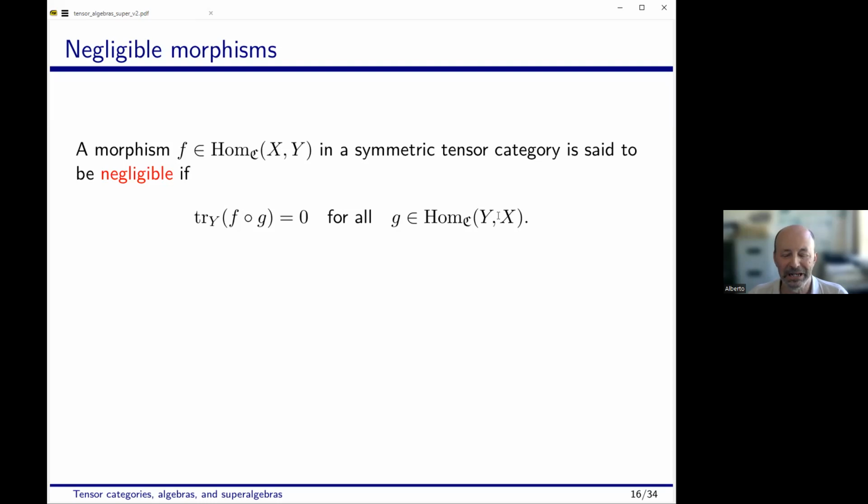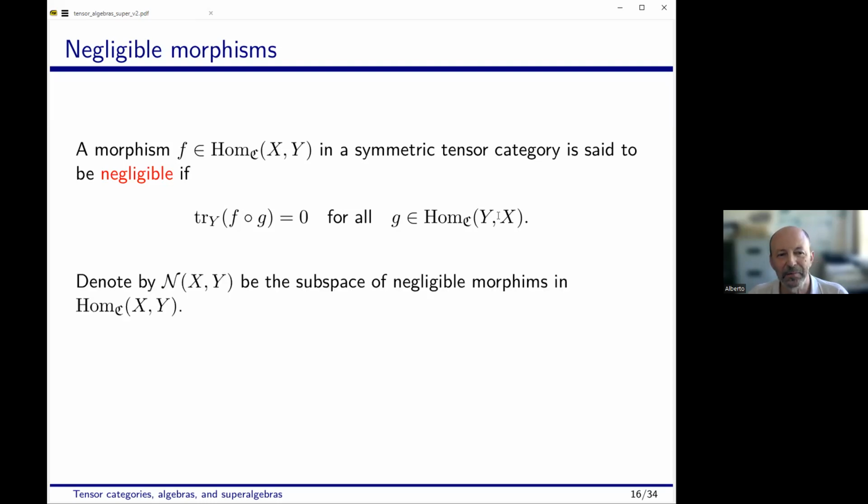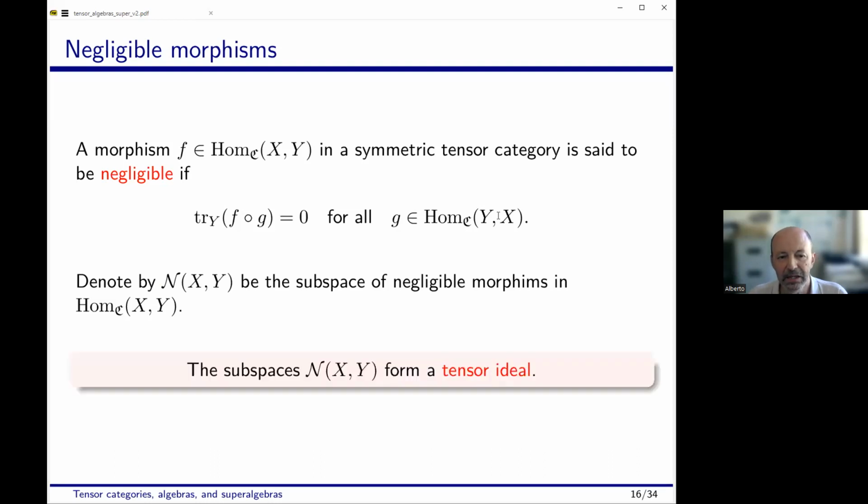The subspace of negligible morphisms is denoted by N of X,Y, and this subspace is a tensor ideal. This means that whenever we compose a negligible morphism with another morphism, we get a negligible morphism. Whenever we sum negligible morphisms, we get negligible morphisms.